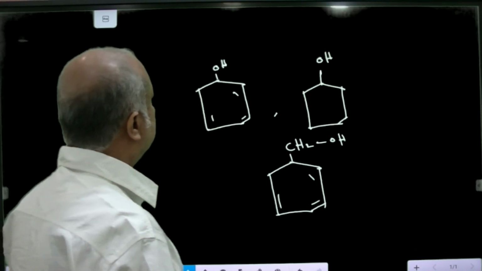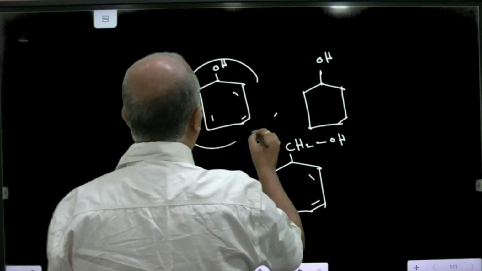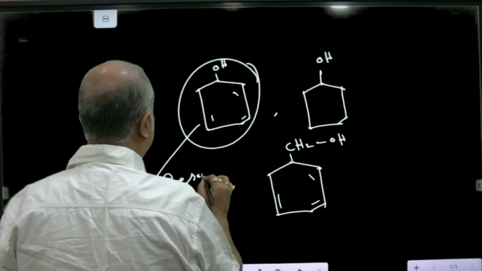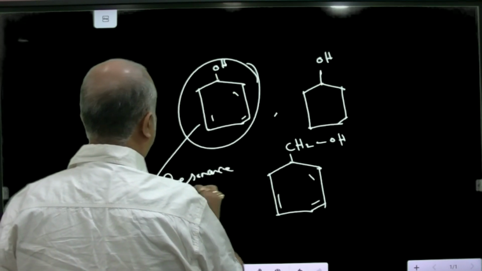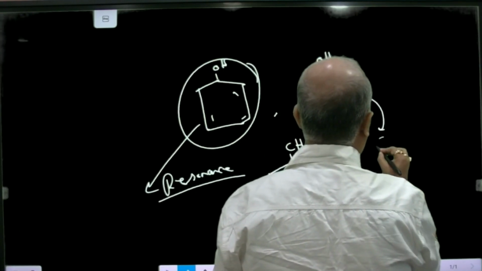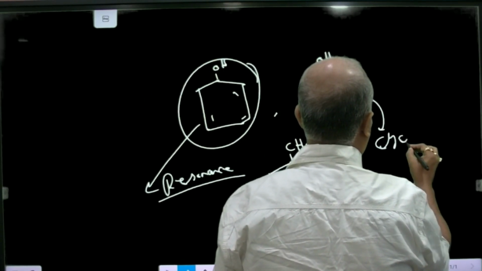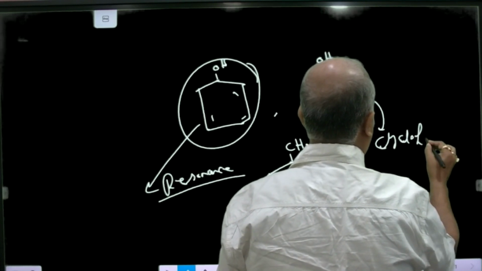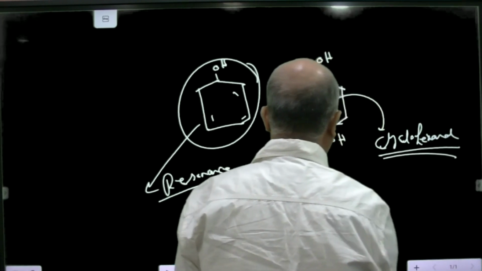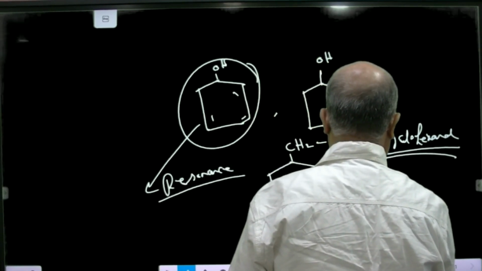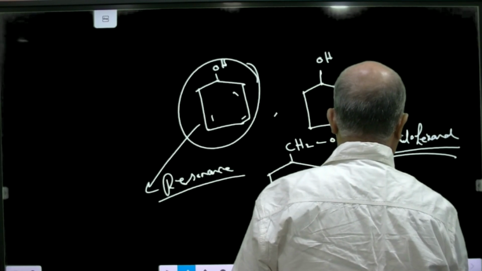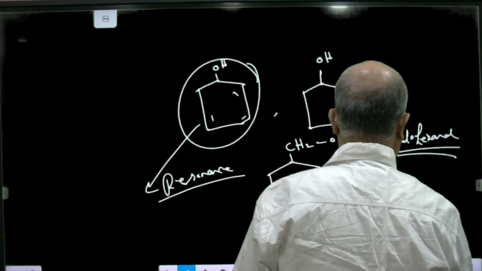Okay. This is phenol, highly resonance stabilized. This is cyclohexanol. And this is benzyl alcohol.